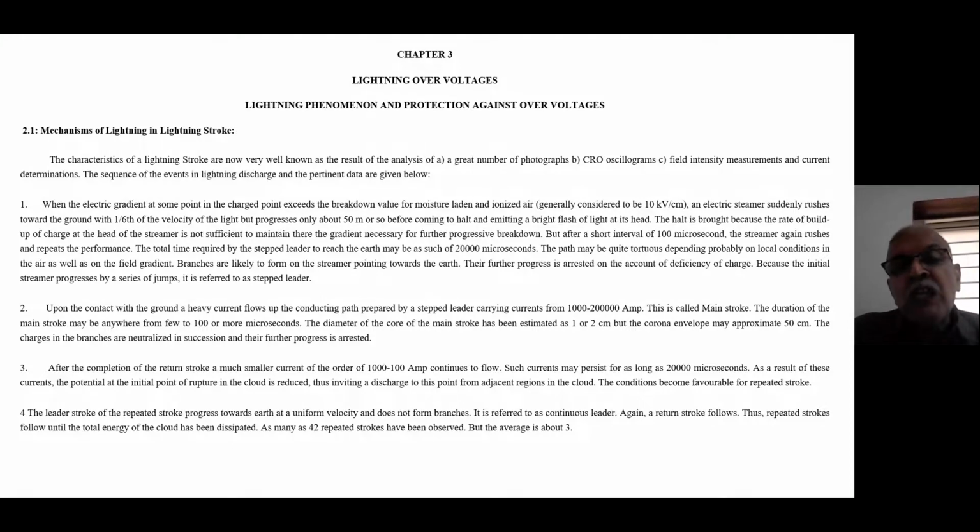Those buildings may collapse or there may be cracks, so they may be damaged. Second, on the earth there will be pits and all. If some person is there, that person will die. And if it falls on a transmission line and substation, then the insulation will certainly rupture.